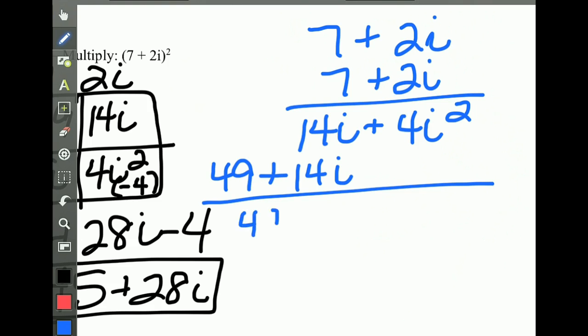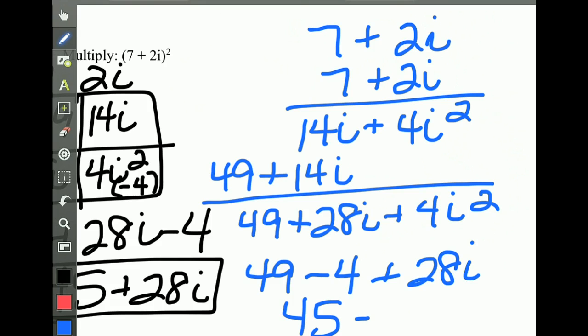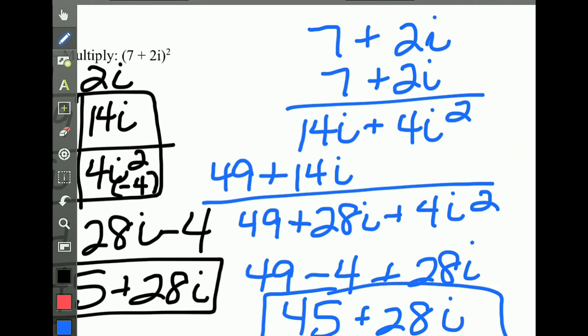So we get 49 plus 28i plus 4i squared. That flips to a negative 4 plus 28i. So you get 45 plus 28i. Okay?